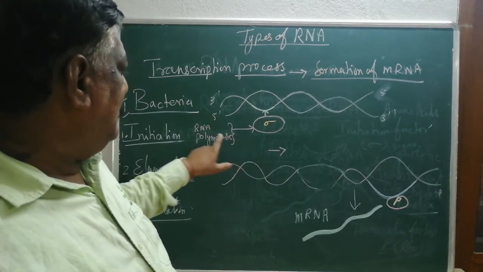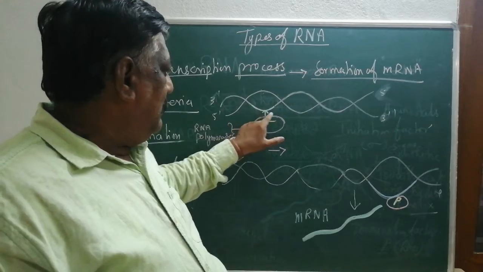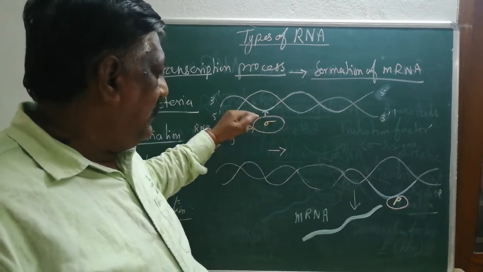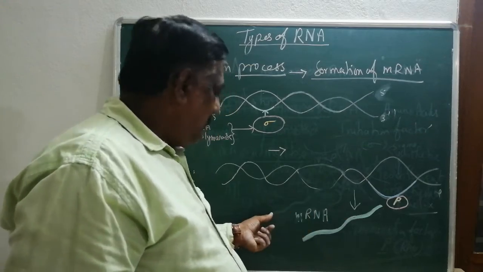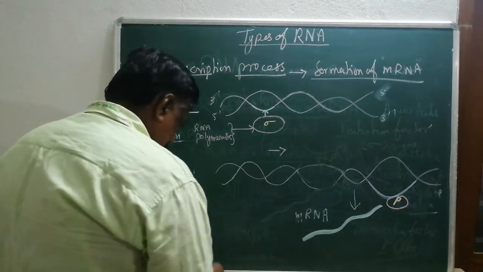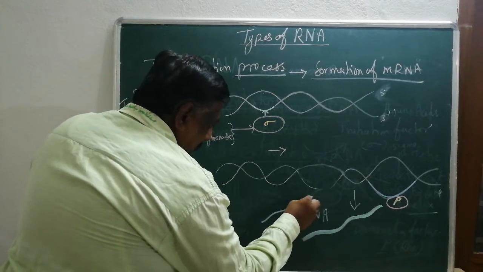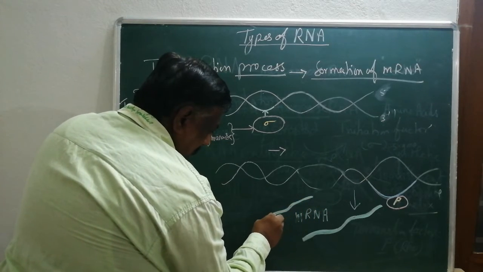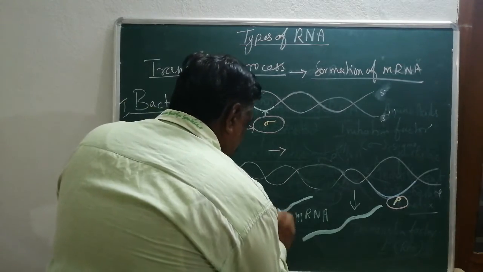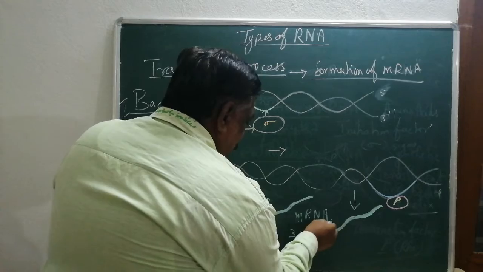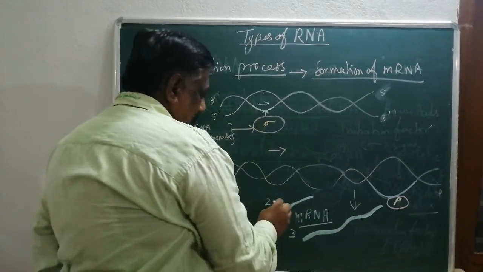The sigma factor with the RNA polymerase, it starts initiation, the mRNA formed here. Then it gets elongated. So in between you draw this, make it a little bit longer. Now this is the second stage, this is the third stage. mRNA is totally formed.